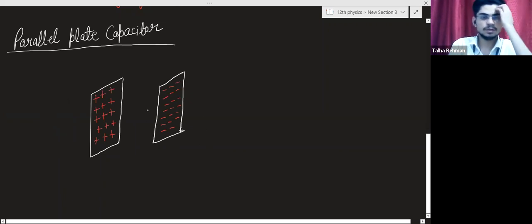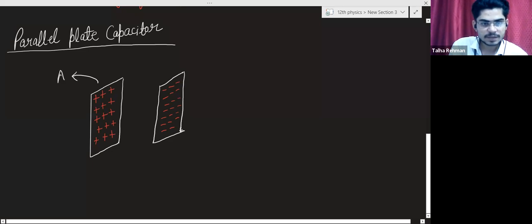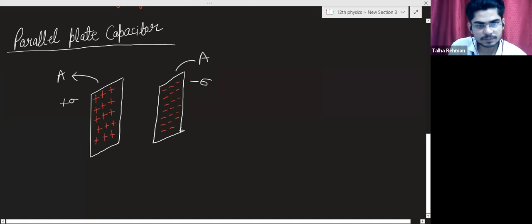So this plate has area A, and this plate also has area A. This has minus sigma and this has plus sigma. This plate has positive charge and this plate has negative charge.